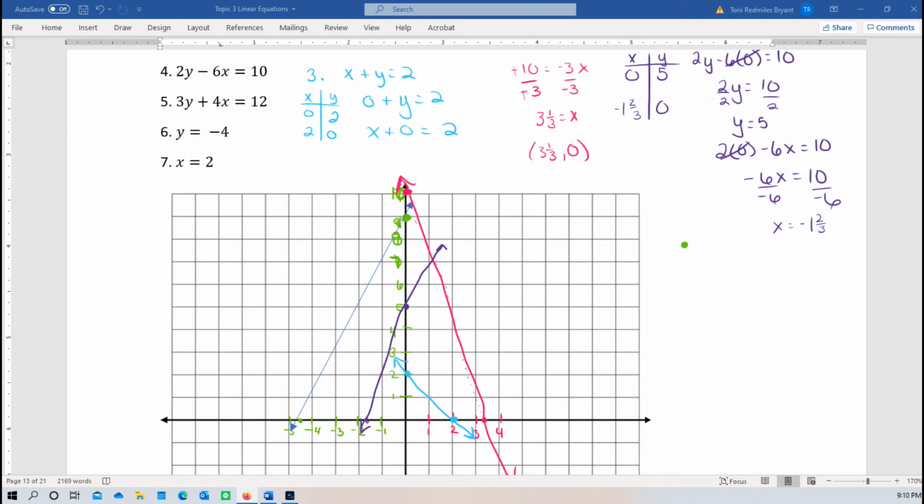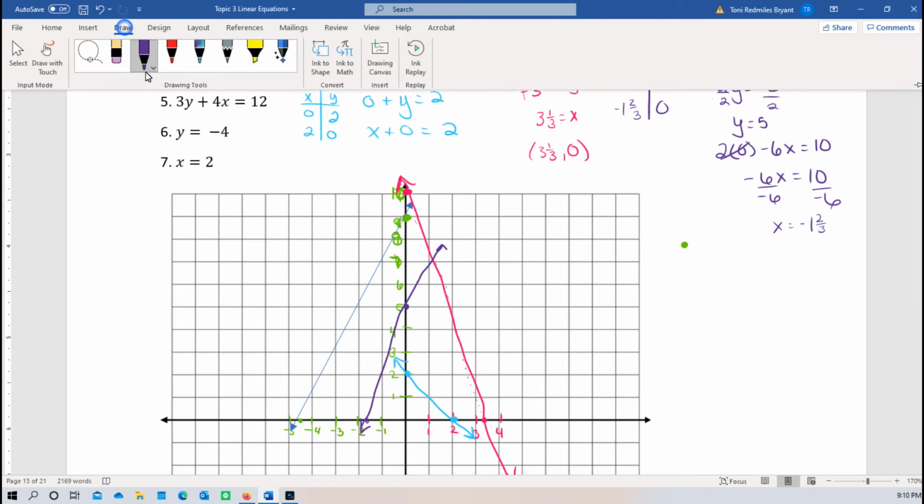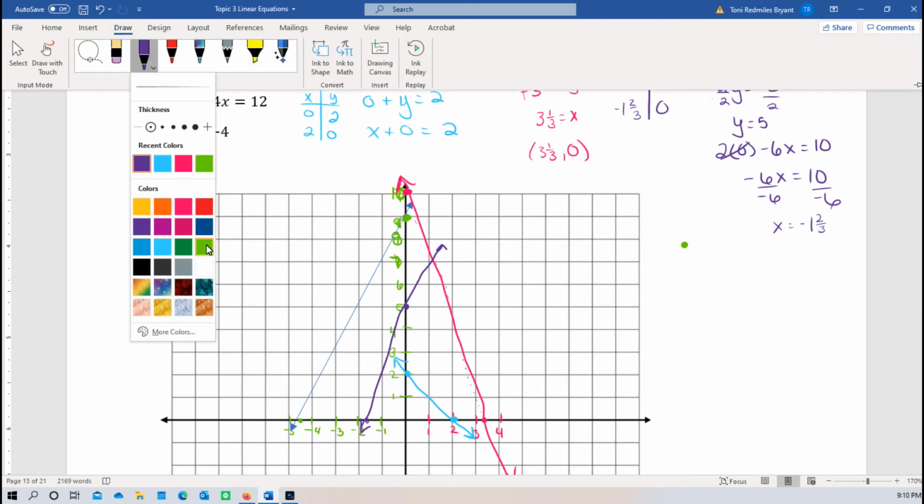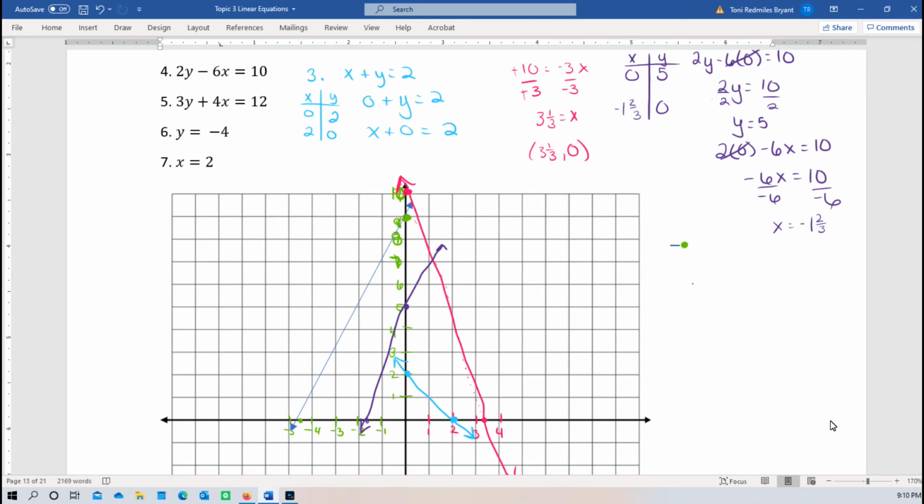All right. So let's go ahead and do the next one. The next one's a little bit harder because there's more numbers, but really, I think this one's actually pretty easy. Let's do some navy blue. I want to do navy blue. That's my favorite color.